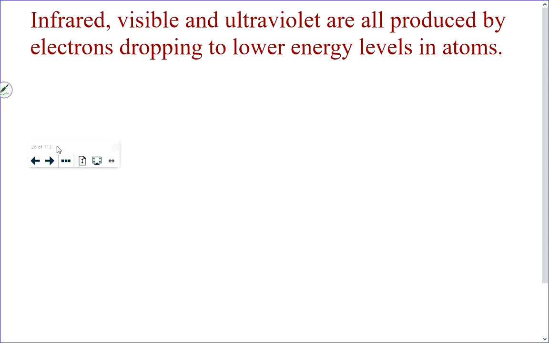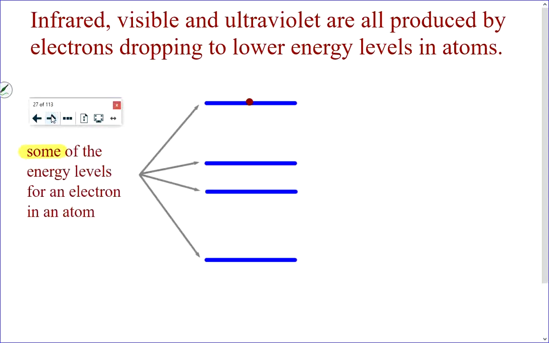And I want to impress on you something for Unit 4. If this is an energy level diagram for an atom, I know in chemistry, do you draw circles for the orbitals? We tend to just in physics draw a line and say this is the energy, this is the energy. If an electron goes from this energy level to a lower energy level, we might produce infrared radiation.